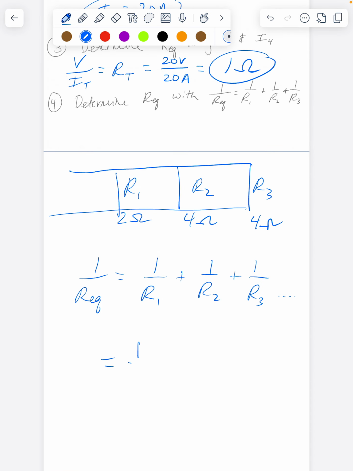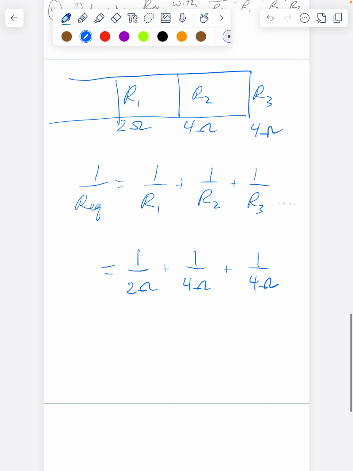So I'm going to do 1 over 2 ohms, 1 over 4 ohms, and 1 over 4 ohms. Now, we've got to work with fractions here and have common denominators, essentially. So 1/2 is the same as 2/4.